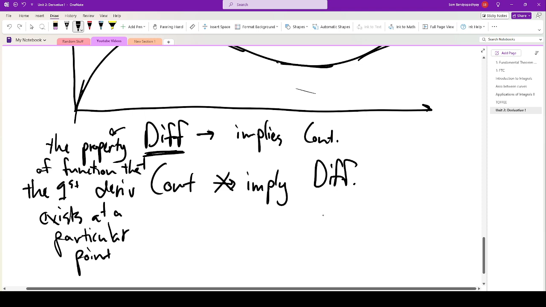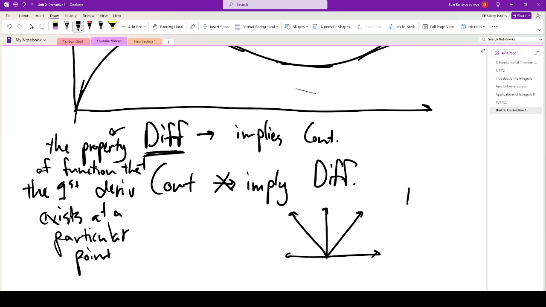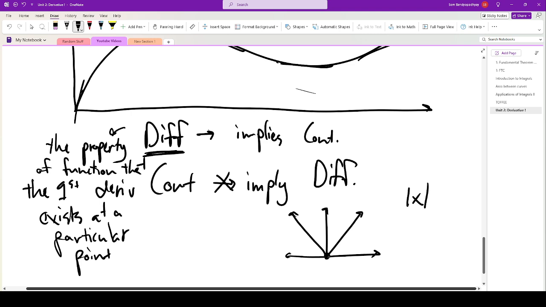And you might ask me, why is that the case? Well, if you have something like the absolute value function, you will notice that this is not smooth at this particular point.